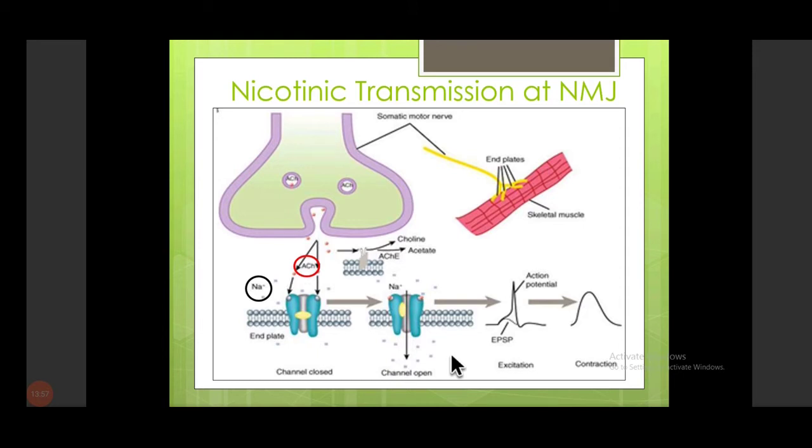If that is cumulative, if that excitatory potential is seen in many neurons of the nerve, then the action potential is generated, and subsequently the impulse is passed on to the muscle, and there is a contraction of the muscle. So this is what is happening throughout.